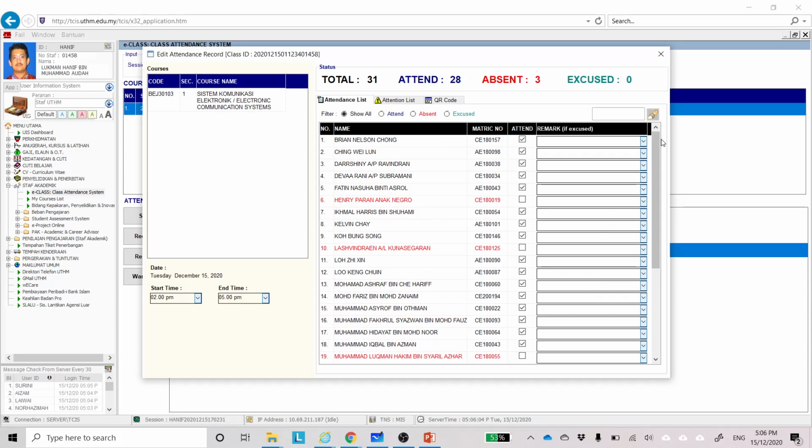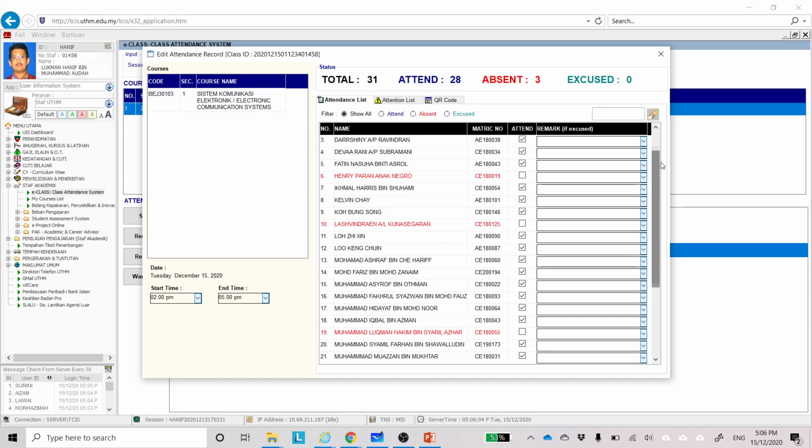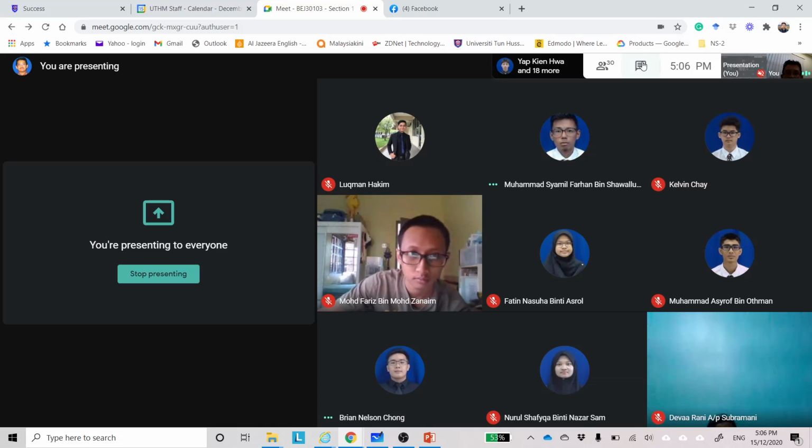Ada 3 orang lagi ni. Henry Paran, Lashvendran dengan Lukman Hakim. Lokman ada doktor, tadi dia on.